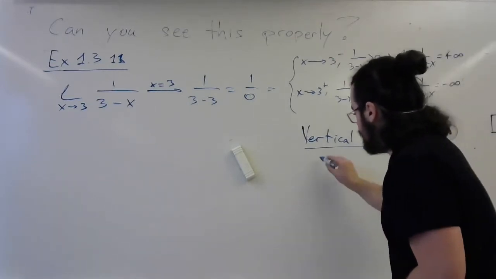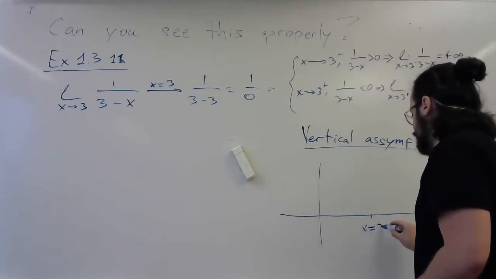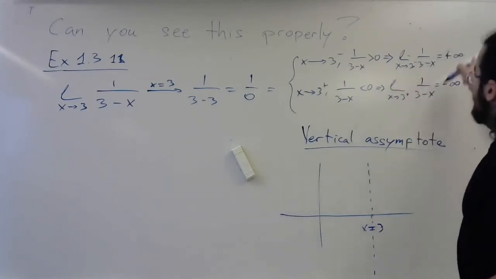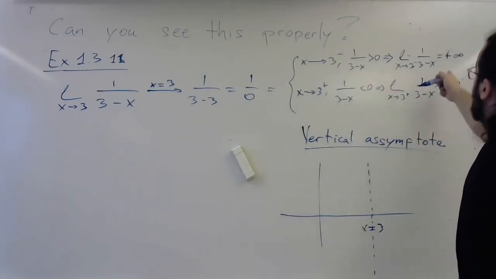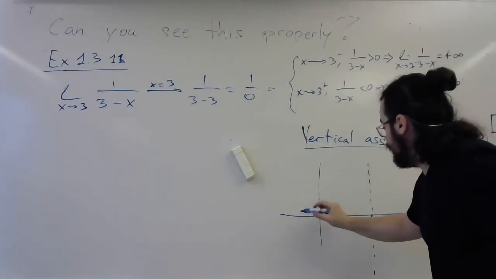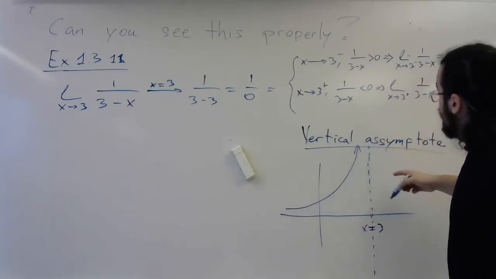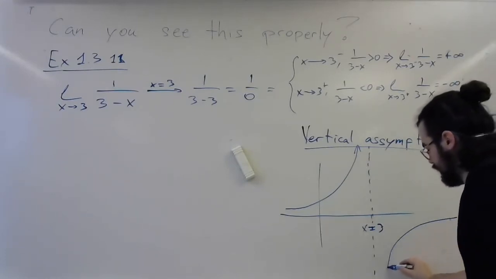If you were to draw this, you have here the point x equal 3. What this double limit means is that if we approach from the left, this curve goes like this. And if you approach from the right, it goes like this.